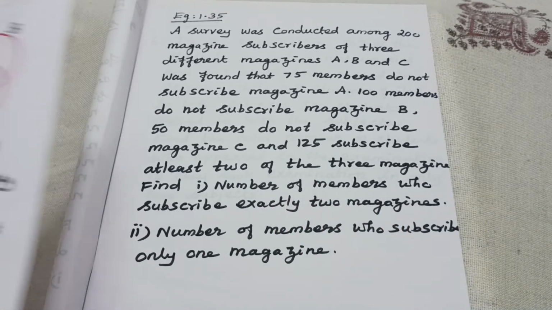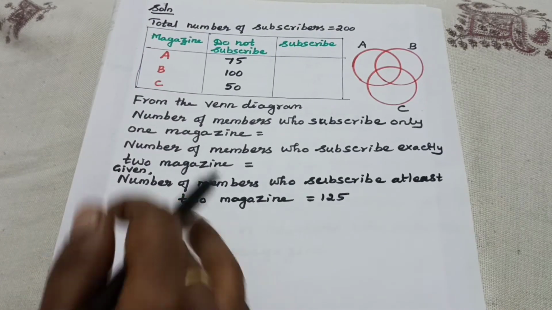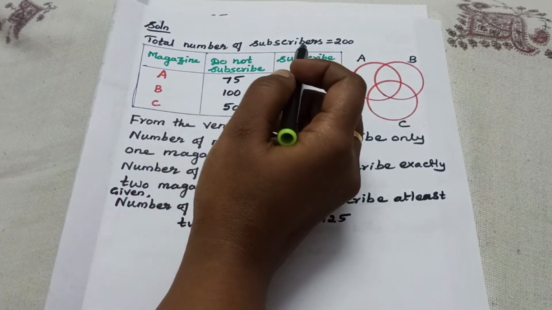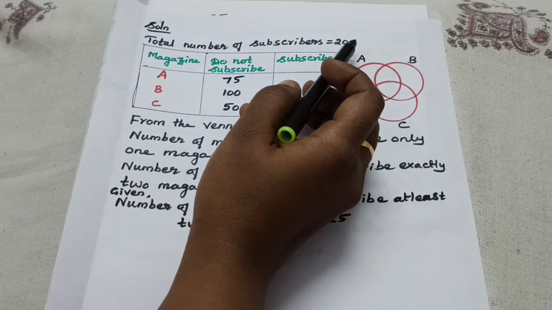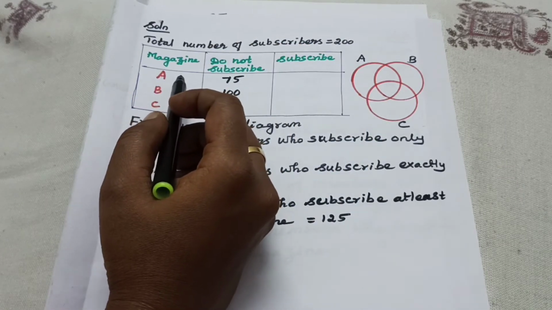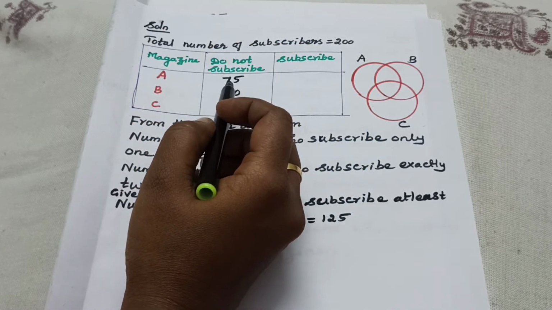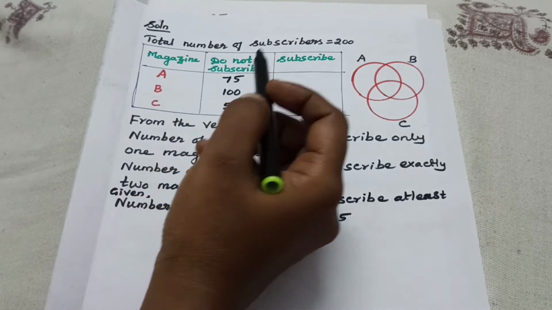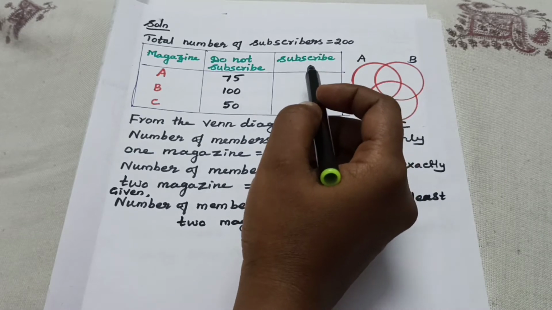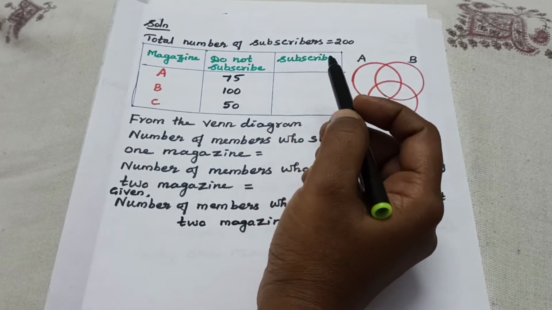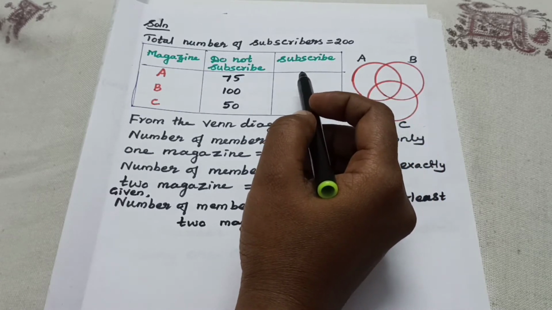So first we have to write the solution. Total number of subscribers 200, isn't it? Then magazine A, those who do not subscribe, how many of them? 75, isn't it? From here, how many of them subscribe we have to find.